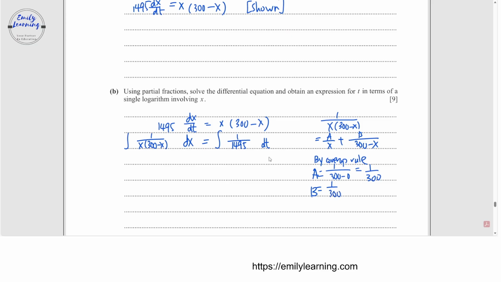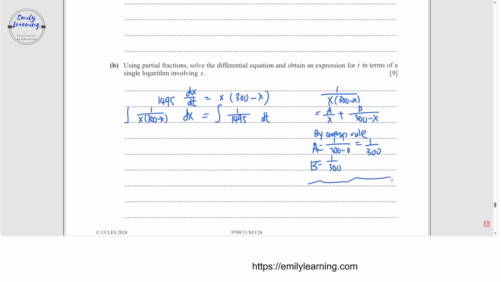If you don't want to use the cover-up rule, you also can. You know that the numerator is 1. If I rewrite this, it will be A(300 − x) plus Bx over x(300 − x), right? The denominator is the same for this and this, so the numerator must be the same because of the equality sign.